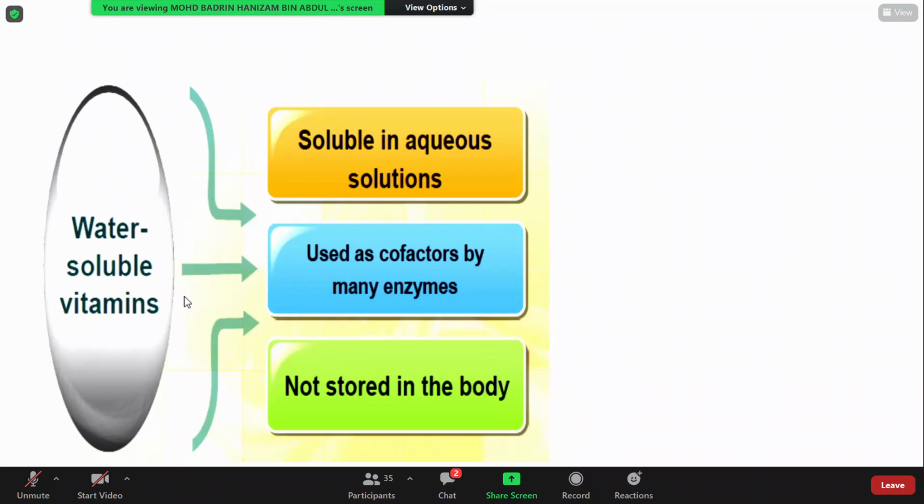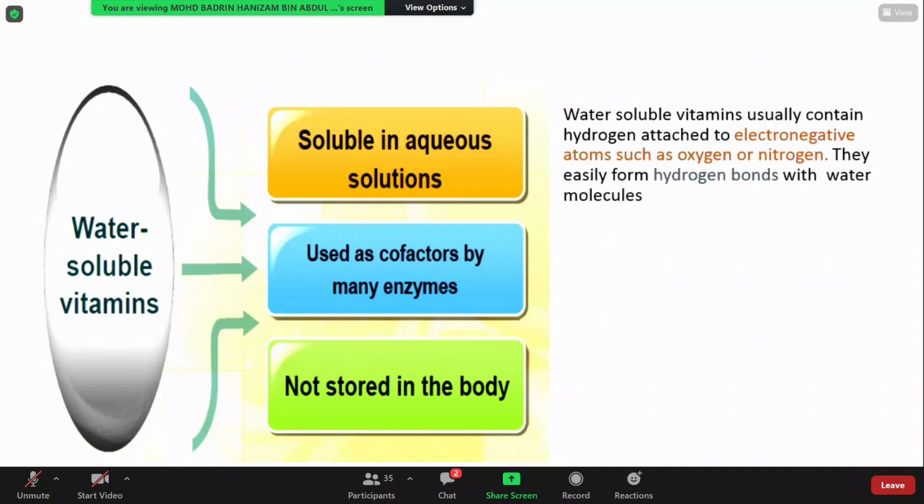So we need to replenish this vitamin daily, because after a while, when we consume this water soluble vitamin, it is going to be excreted. Some, not all, of course. Our body is not that efficient at taking 100% of the vitamin that we get; maybe 60%, 70% is good. The rest will be excreted by our body via urination and so on. So they are not going to be stored in our body.